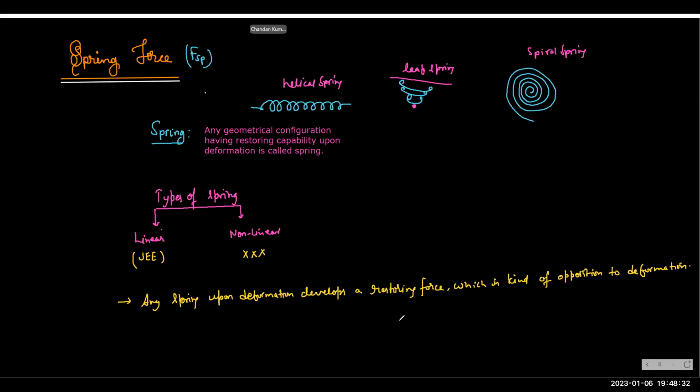So when will it show pulling behavior? Upon elongation of a spring or upon compression of a spring? What do you think? Upon compression, which behavior will it be, pull or push? It will push. So when you compress, it will push.